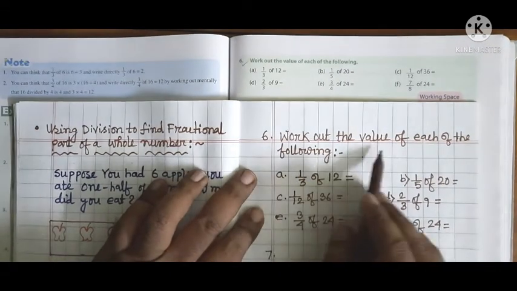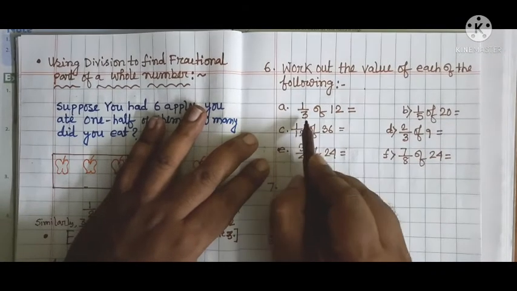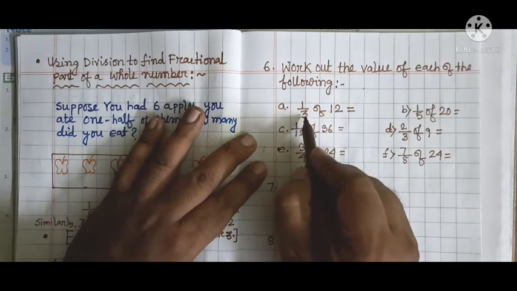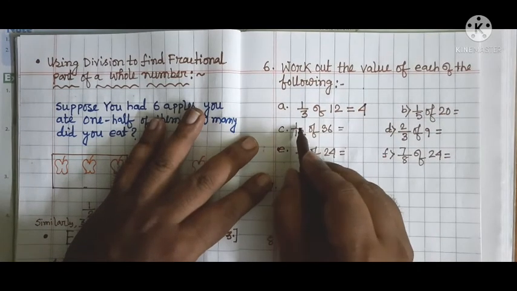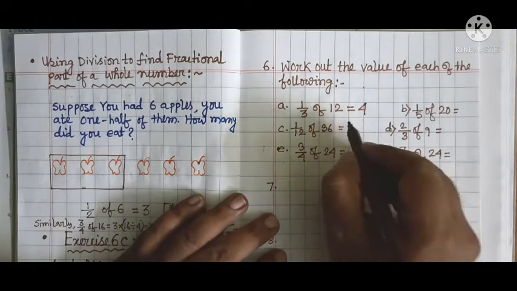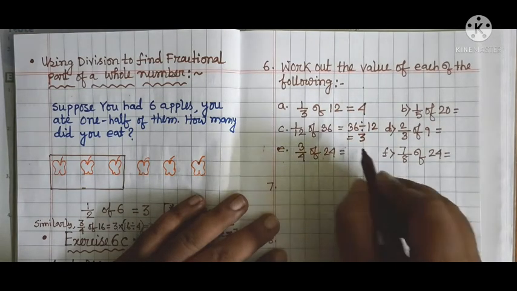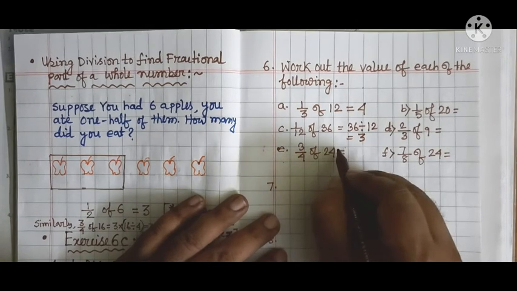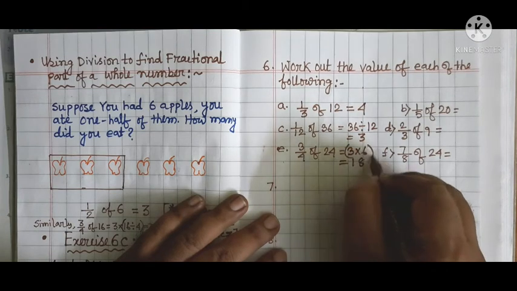Next problem, number 6. Work out the value of each of the following. 1/3 of 12: 3 4s are 12, so it will be 4. Next, 1/12 of 36. Then 36 divided by 12 is 3. Next, 3/4 of 24. 4 6s are 24, therefore 3 into 6 is equal to 18.